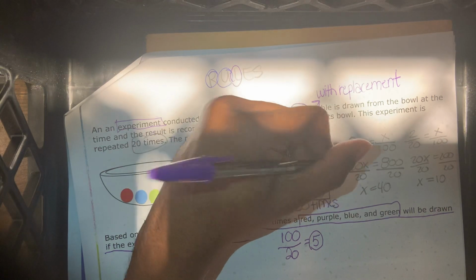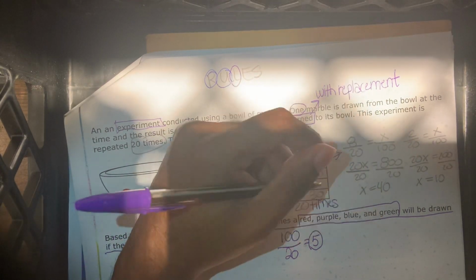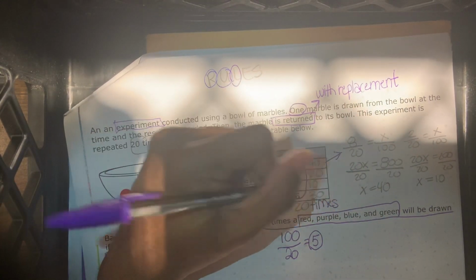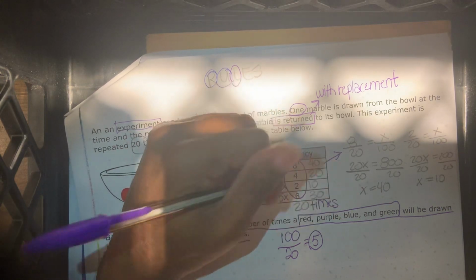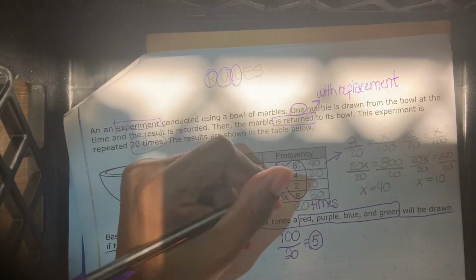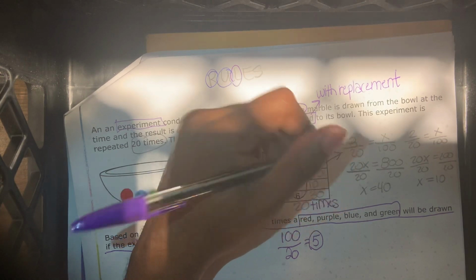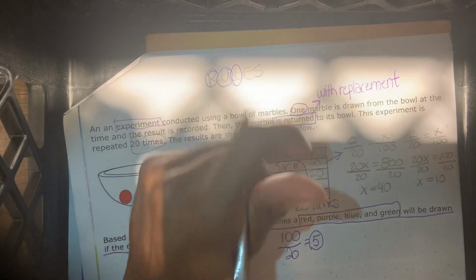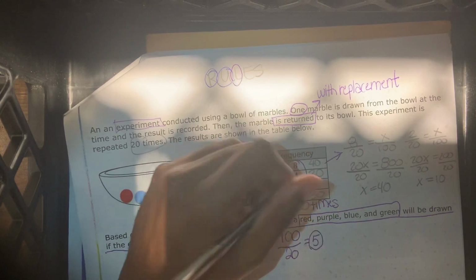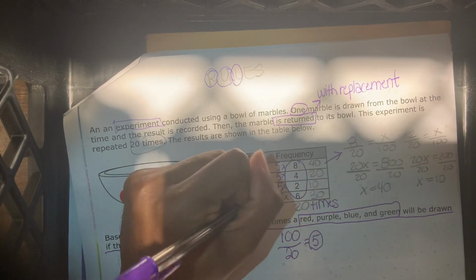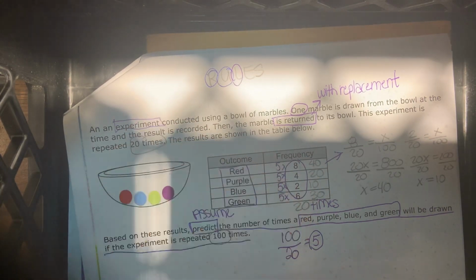And so forth using the butterfly method, we would wind up with blue being 10 and green being 30. So out of 100, 40 plus 20 is 60, plus 10, plus 30 is 100. It would be 40 red, 20 purple, 10 blue, and 30 green if we ran this experiment 100 times.